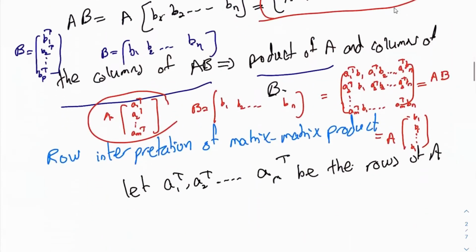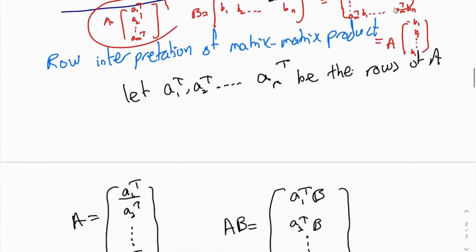Well, now let's see what is the row representation of the matrix product. So the same way I explained, assume the rows of A are A1 transpose, A2 transpose, all the way to Am transpose.